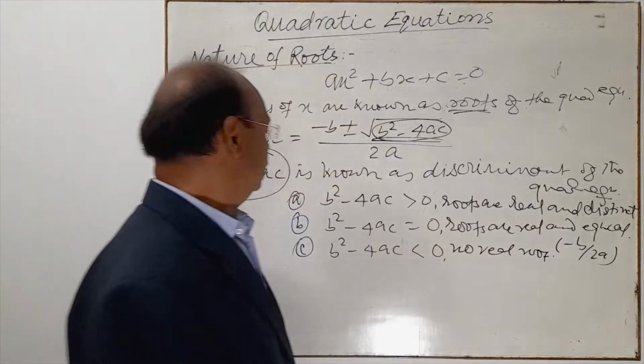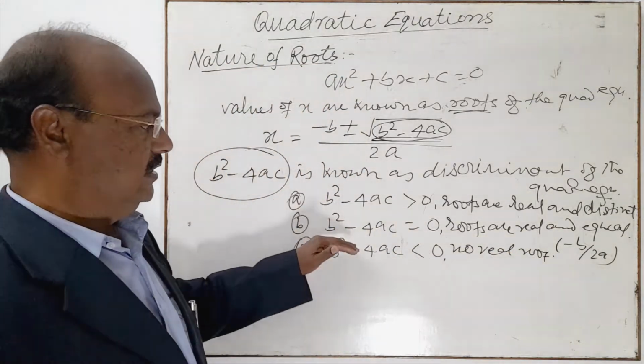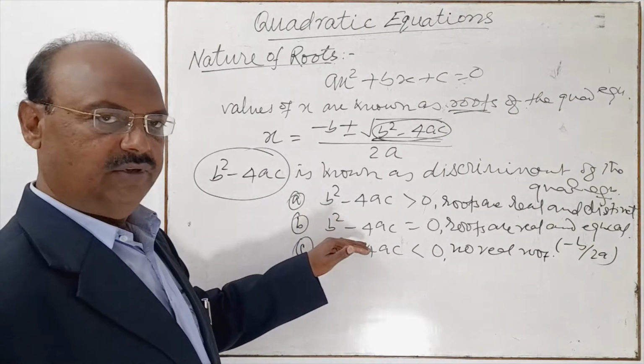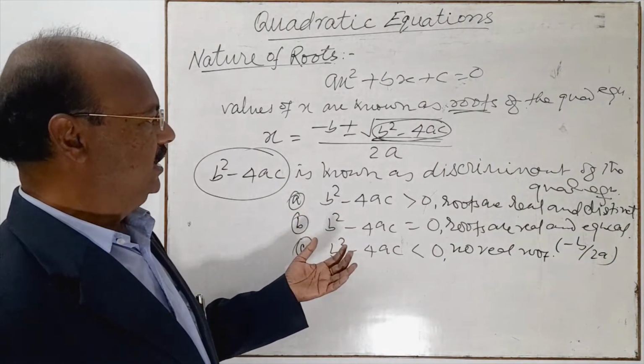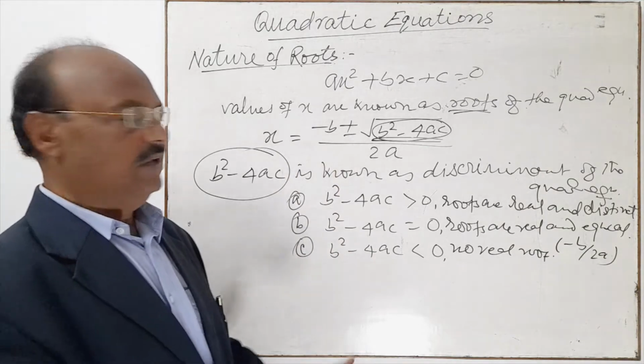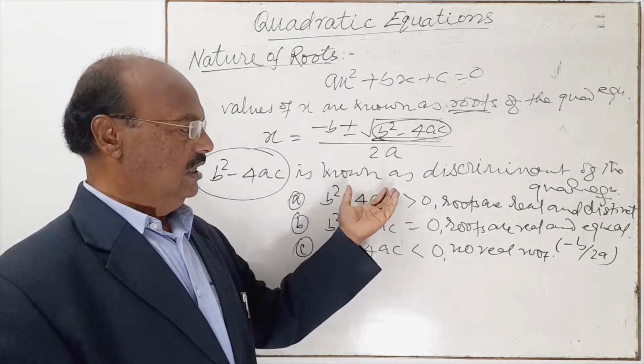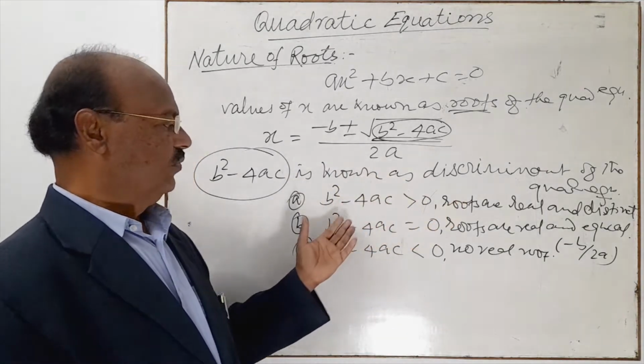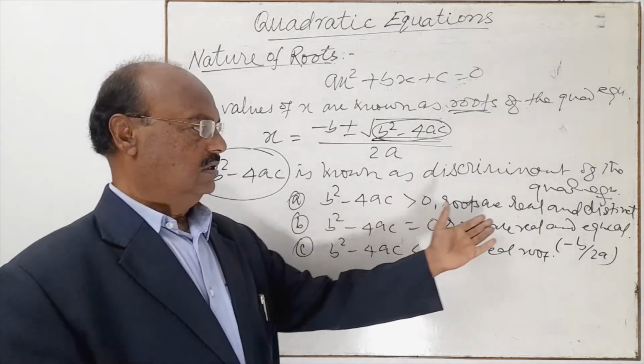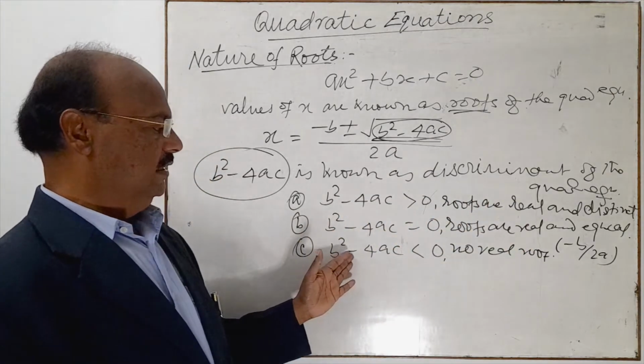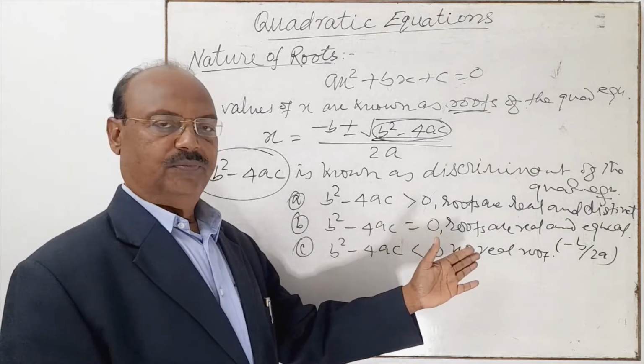Correct? So these are three different criteria on the basis of which we can decide whether a given quadratic equation has real and distinct roots, roots are real and equal, or in this case no real root. Correct?